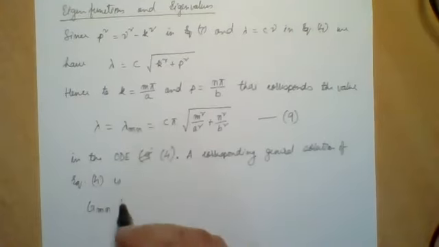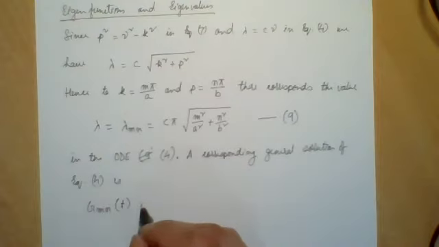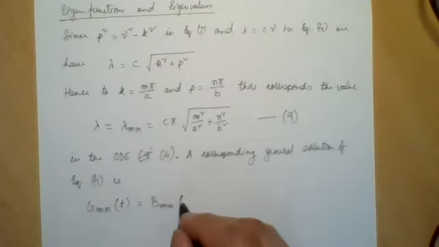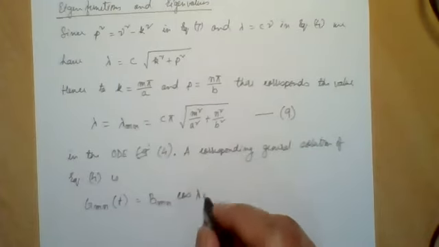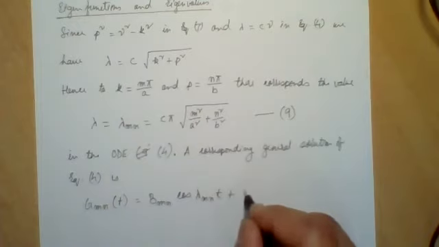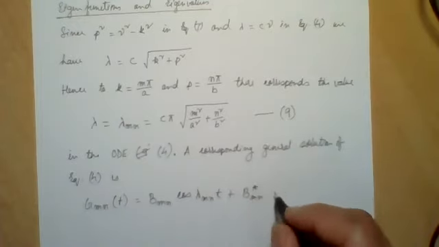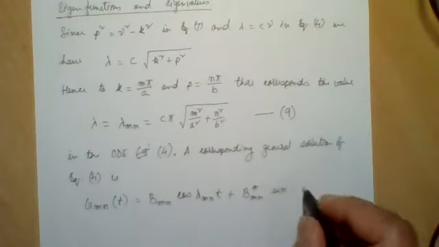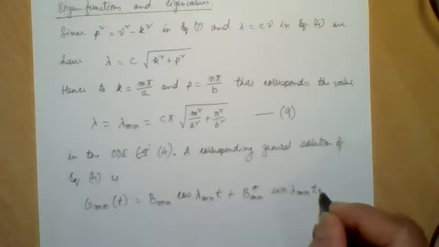Gmn of t equals Bmn cos lambda mn t plus Bmn star sine of lambda mn t.